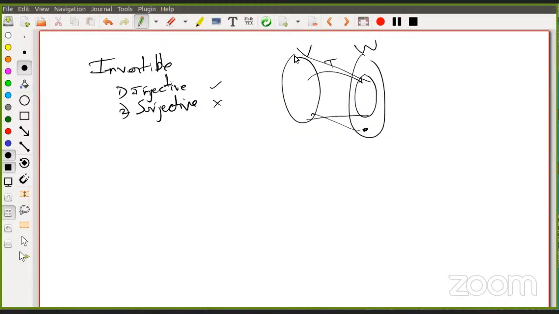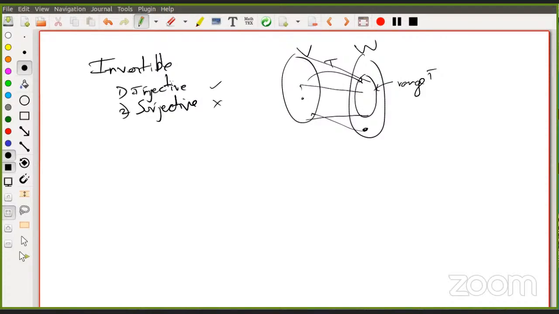If the vectors in V map to this, which is range T, and range T is not equal to W, it's a subspace of W, then it won't be surjective, which will lead to it not being invertible.